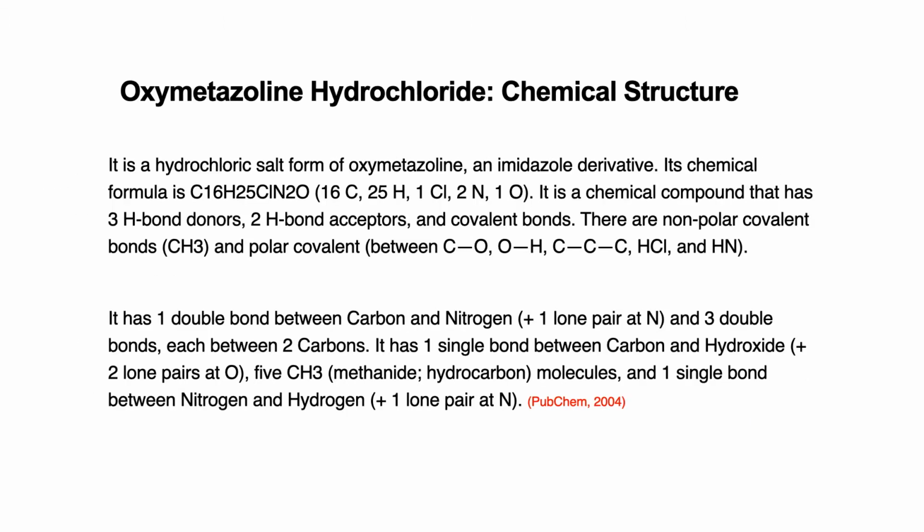Now let's move on to the chemical structure of oxymetazoline hydrochloride. This compound is the hydrochloric salt form of oxymetazoline, an imidazole derivative. Its chemical formula is C16H25ClN2O, containing 16 carbons, 25 hydrogens, 1 chlorine, 2 nitrogens, and 1 oxygen.